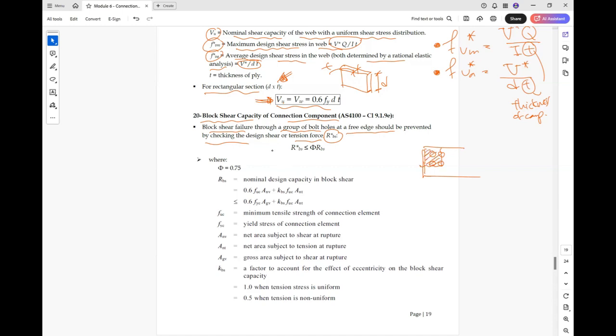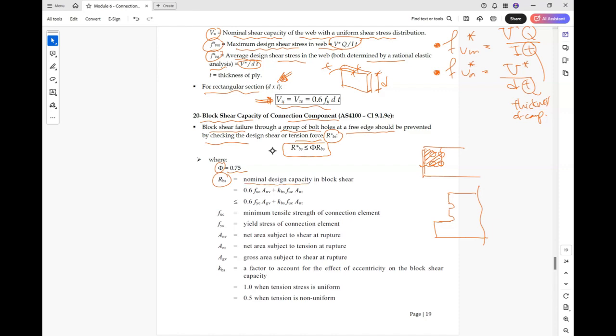So all of this part will be removed and the remaining will be only this part like that. This is called block shear failure, and we need to check the capacity against it: R star_bs less than or equal to phi R_bs, where phi is 0.75 for block shear failure.